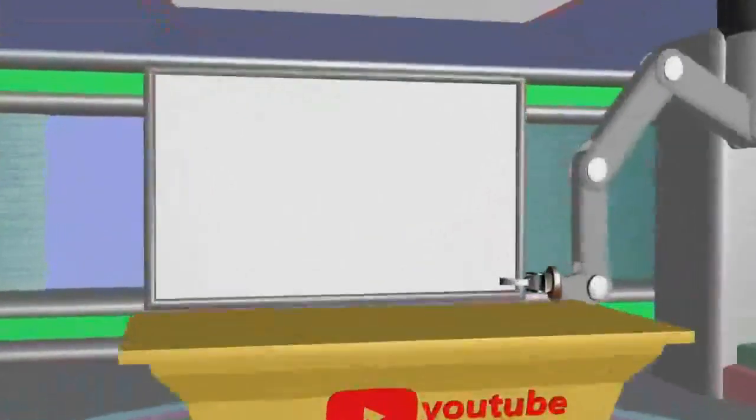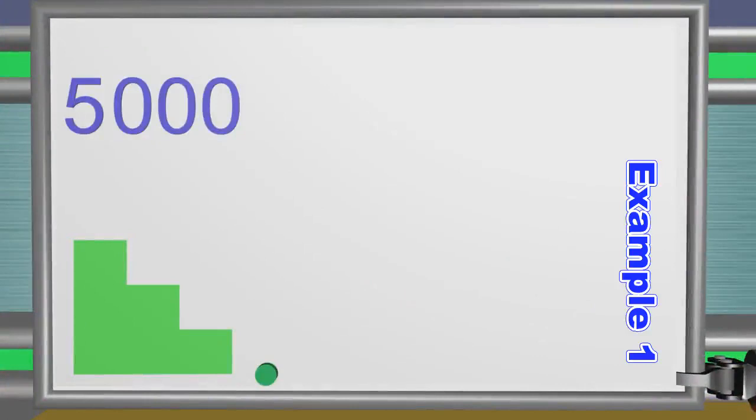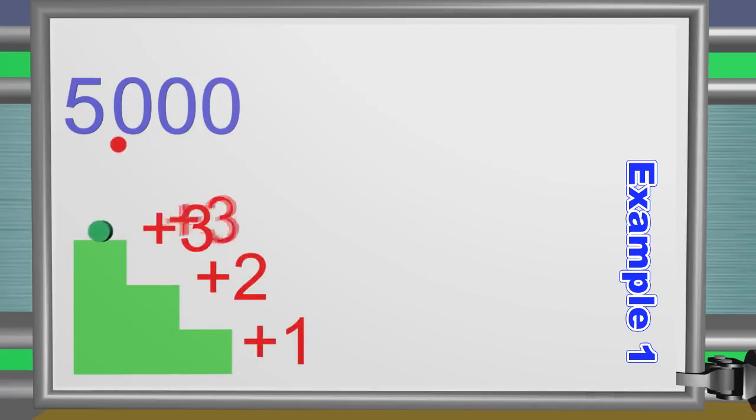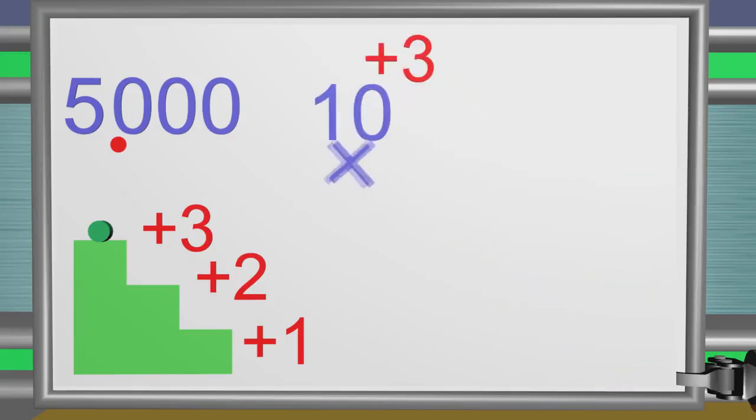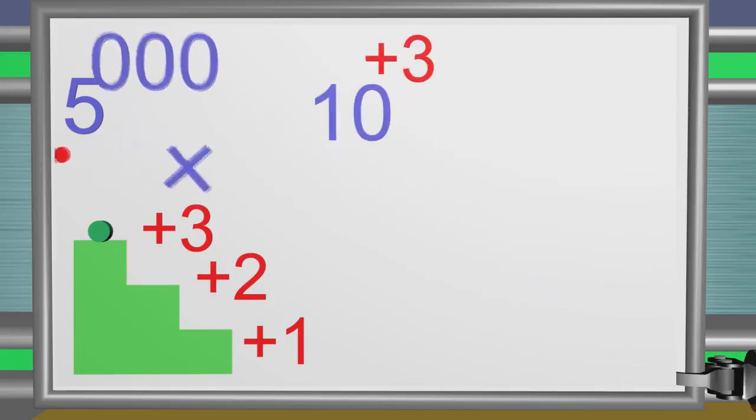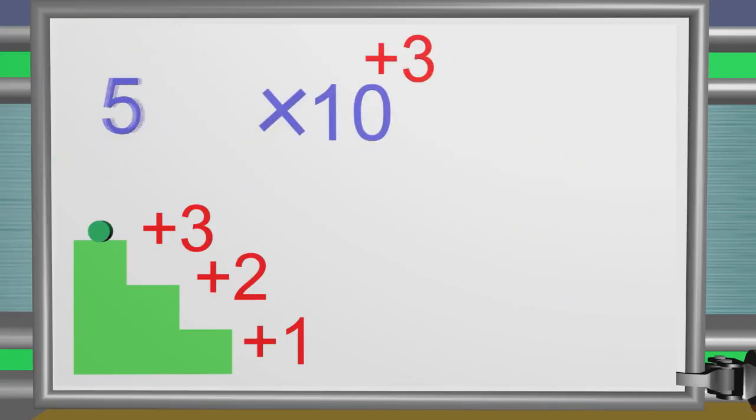Example 1. Consider the following number: 5,000. First you need to know that to the right of this number the decimal point can be placed. Because we move to the left, we write the power positively. It equals 5 times 10 to the power of 3.